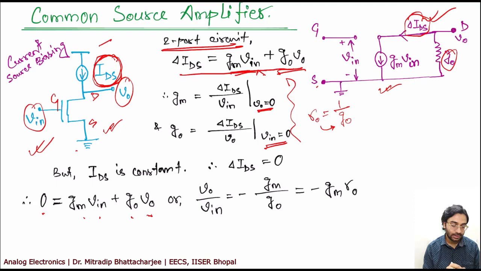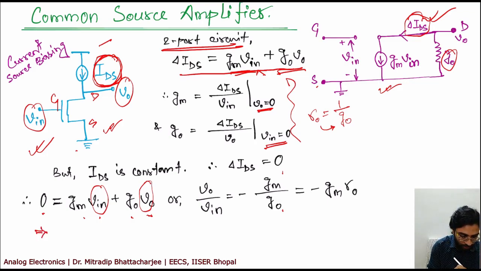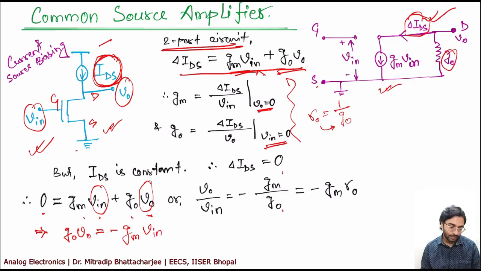Let me write one step here, which will be g0 V0 is equal to minus gm V in, right? So if you now write V0 by V in, it will be minus gm by g0, and 1 by g0 is r0. So it is minus gm r0.